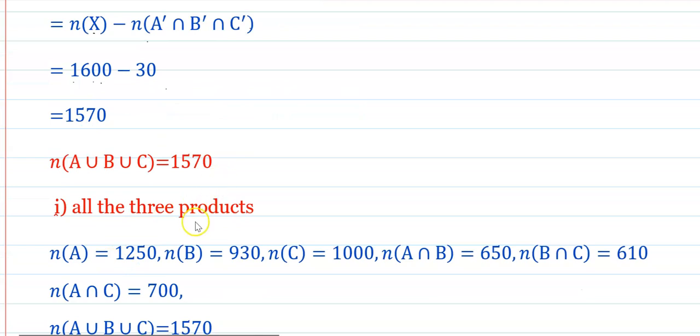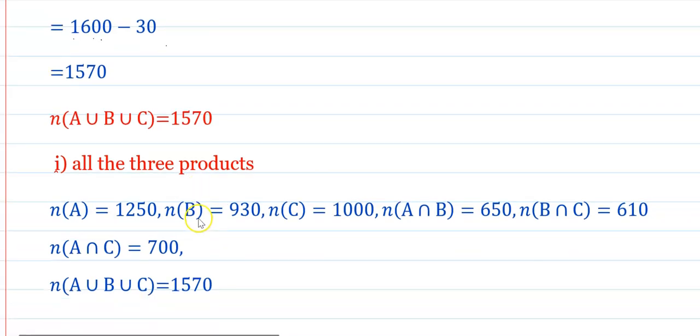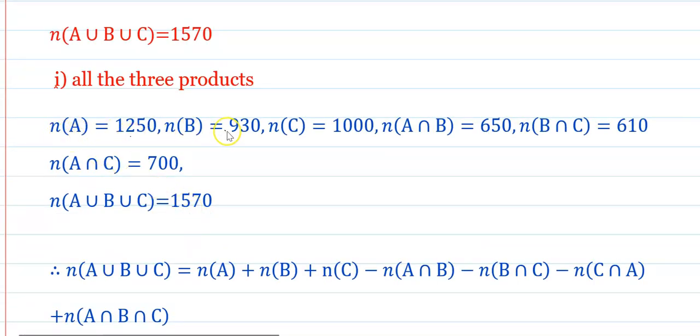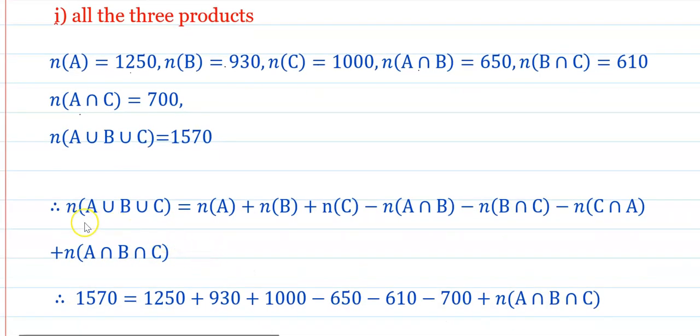Okay, this is next. Those who like all the three products. Therefore, n of A, n of B, n of C, n of A intersection B, n of B intersection C, n of A intersection C, and n of A union B union C. Then by using the union formula, n of A union B union C is equal to n of A plus n of B plus n of C minus n of A intersection B minus n of B intersection C minus n of C intersection A plus n of A intersection B intersection C. Substitute all the values.